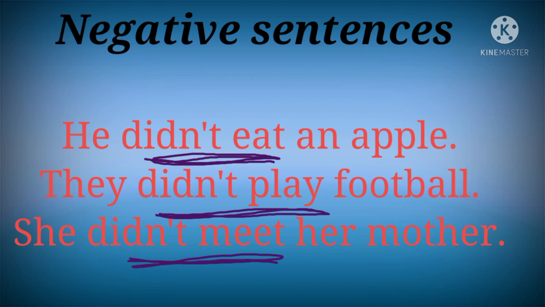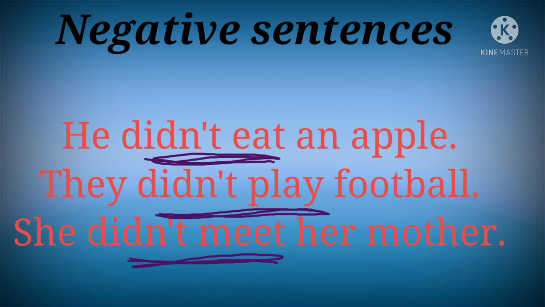See, children, since there is no auxiliary in simple present and simple past, we must use do forms along with the verb. In order to frame negative sentences and questions, we add this auxiliary, that is did, along with the verb. See, he didn't eat an apple. It is not didn't ate an apple.